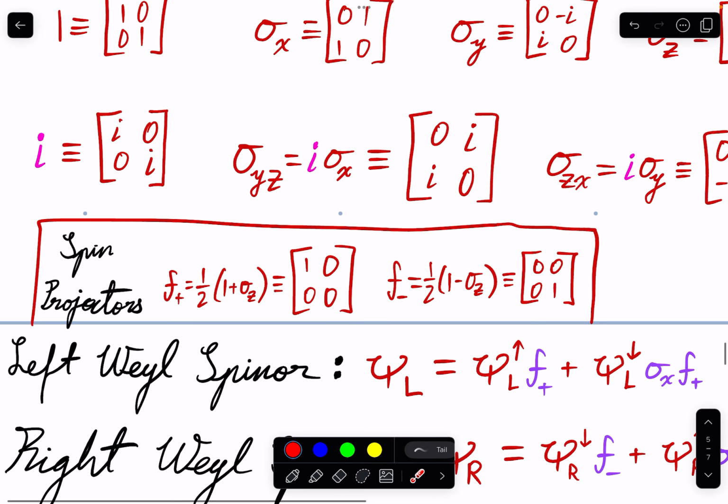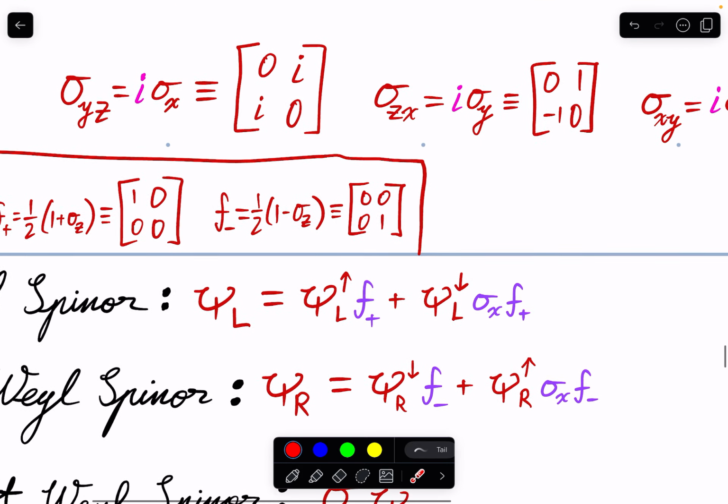We'll also have something called spin projectors, and they project along a certain spin axis. This is what their algebraic form looks like, and this is what their matrix representation looks like with the Pauli representation. This corresponds to a projector for a left projection, and this corresponds to a right projection.